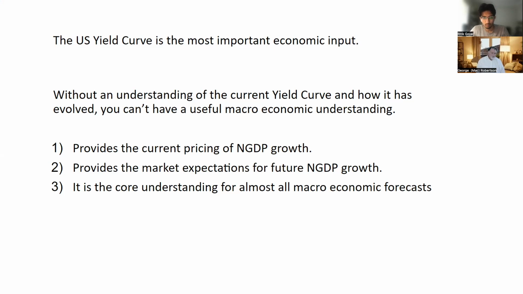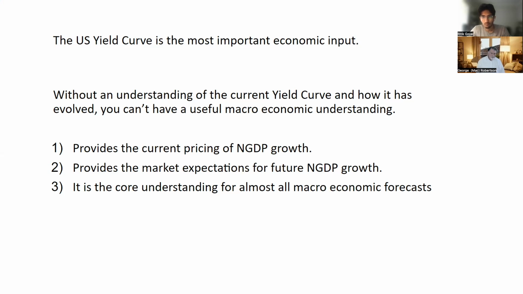A good way to look at the term premium, which you've probably heard about, which is how much yield is required to get someone to extend their duration in U.S. Treasuries or any security, is really the accelerant of NGDP growth.